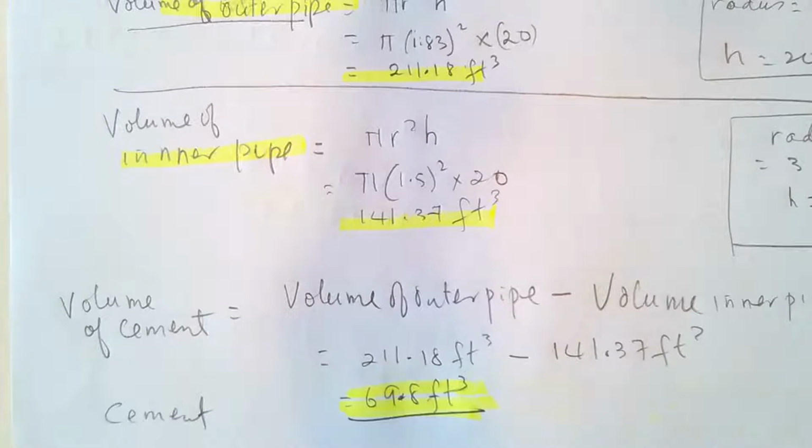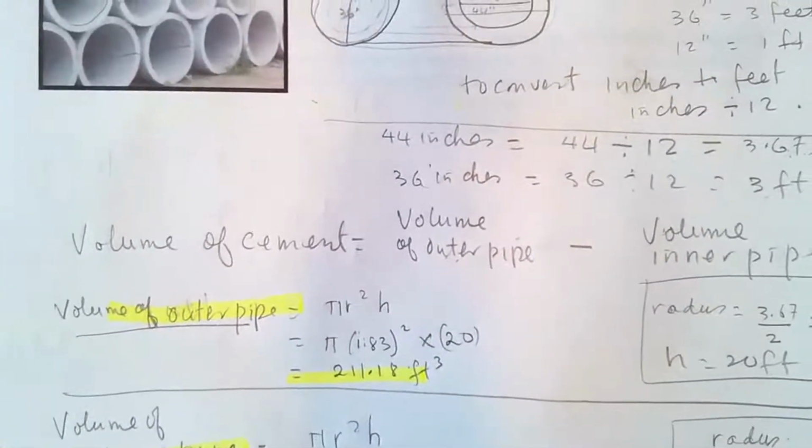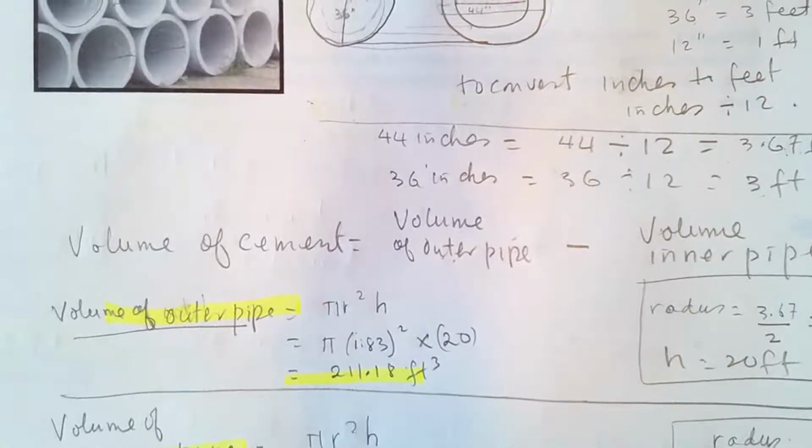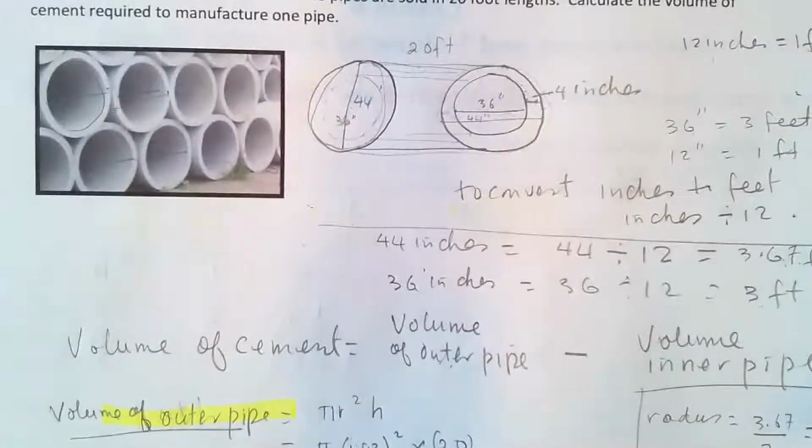Then, once you have a diagram, you indicate your dimensions. In cases where they give you different units, you have to convert all of the units into one unit you could use. In this case, I used feet, but you could have used inches, but you end up with a consistent set of values.